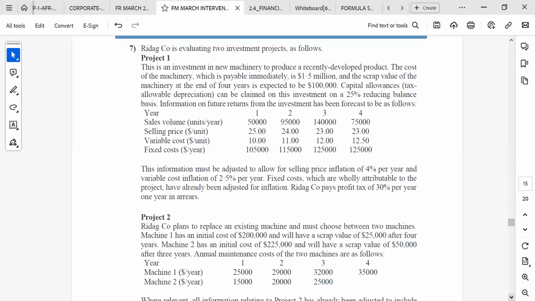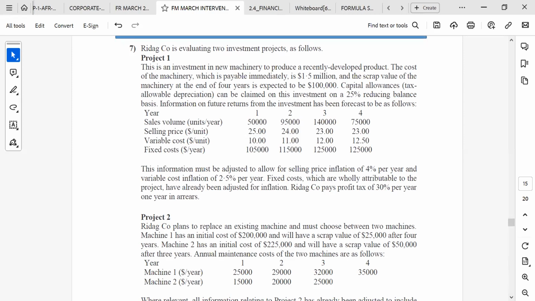Please, what is the difference between finance lease and operating lease? Please, can you hear me?